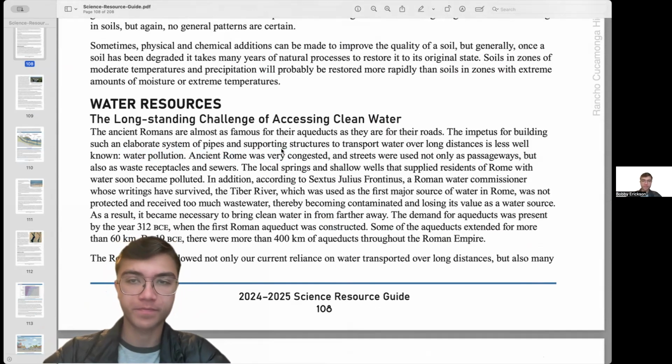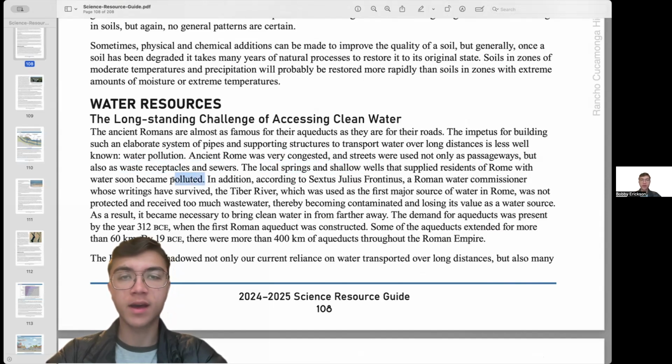Because they were congested, there were local springs and shallow wells that gave water to Rome, but these became polluted.